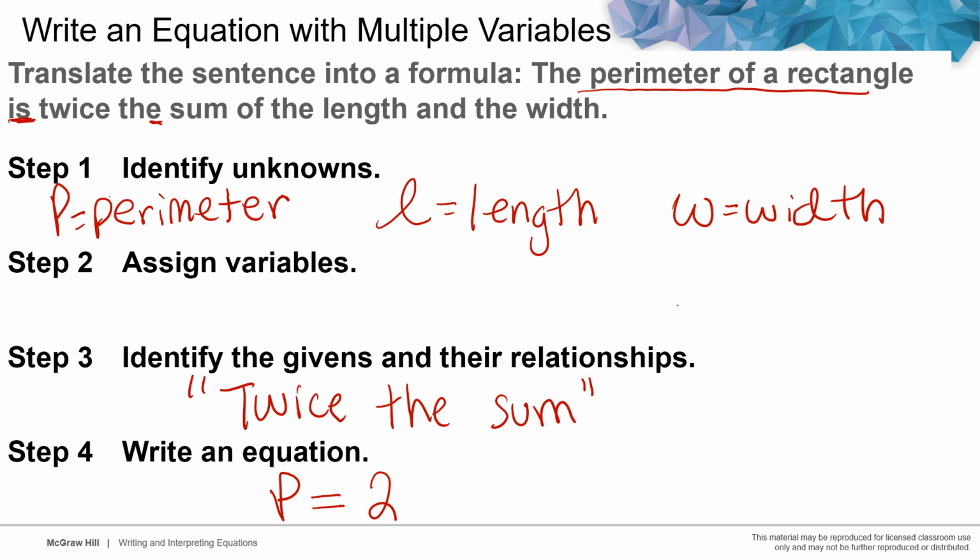So it's twice the sum of the length and the width. So we need to add the length and the width together because sum means addition, and then multiply that by 2. So in this case, we need some parentheses because we need to add the length and the width together first, and then we need to multiply that by 2.